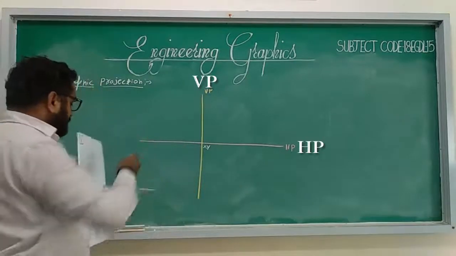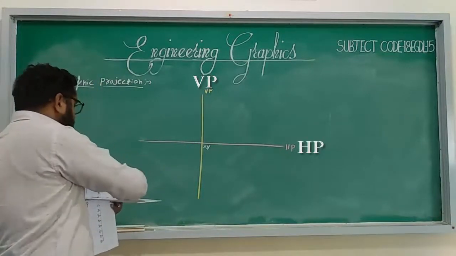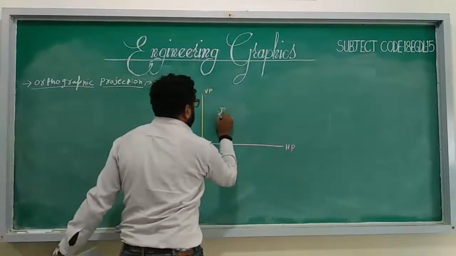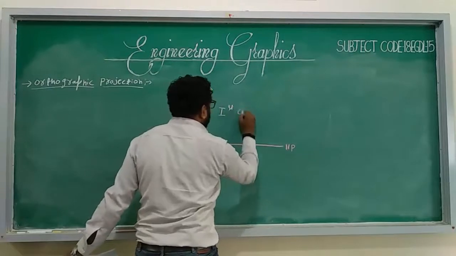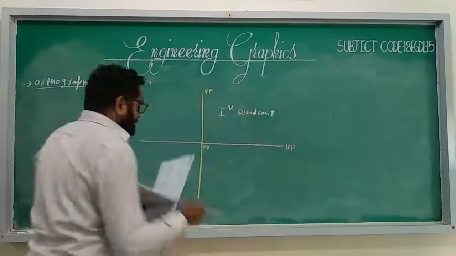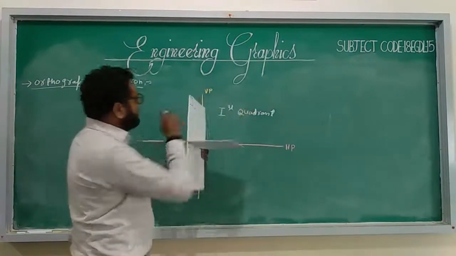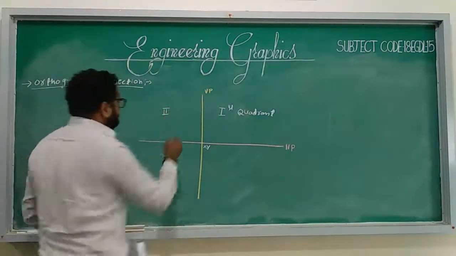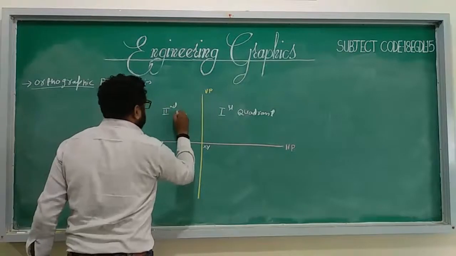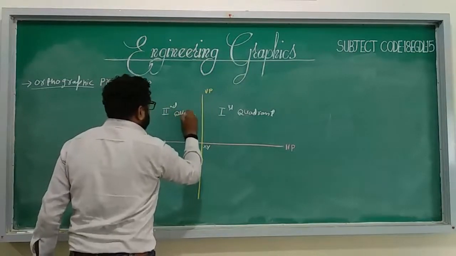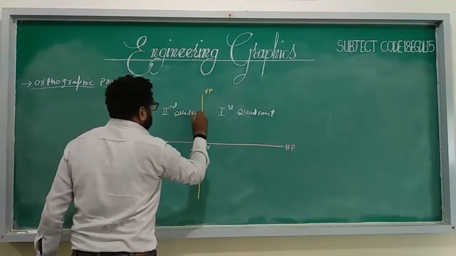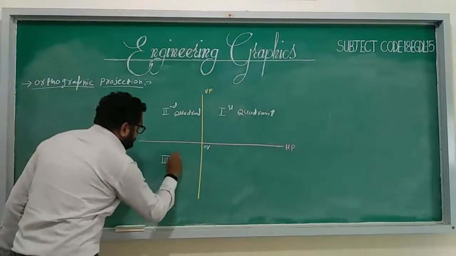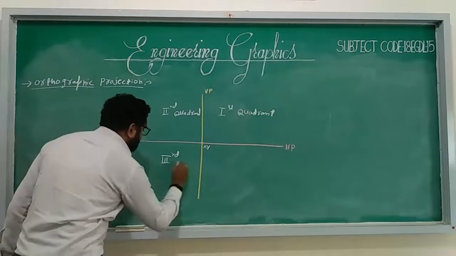The first chamber will be called the first quadrant, and the second. And the same here, the third quadrant.